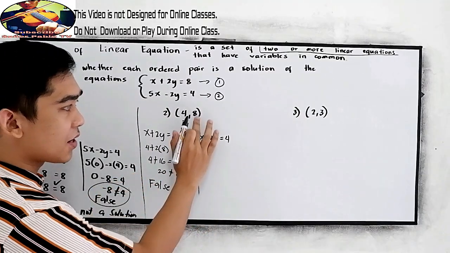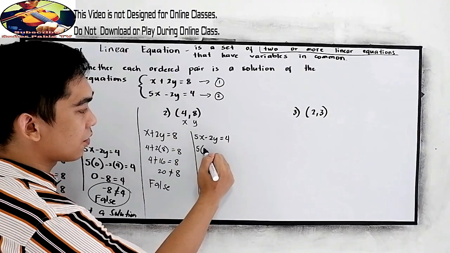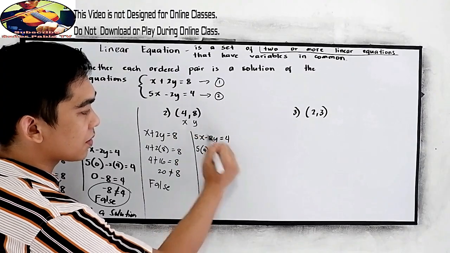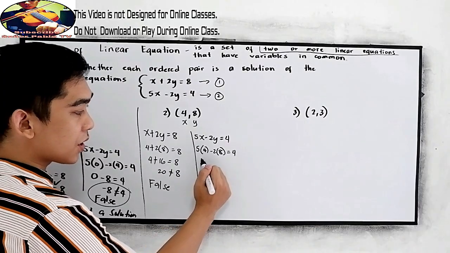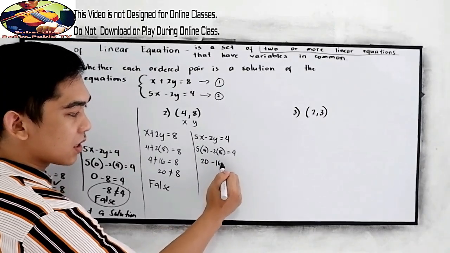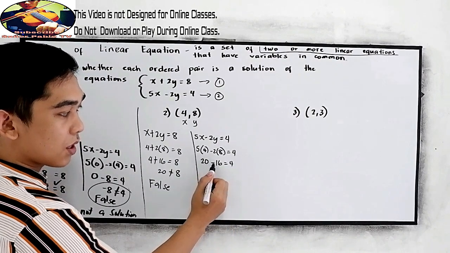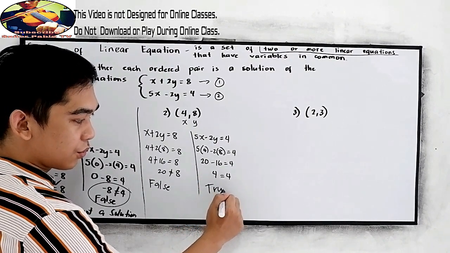Now let us check the other equation. So 5 times 4 minus 2 times 8 is equal to 4. 5 times 4, this is 20, minus 2 times 8, 16, is equal to 4. 20 minus 16, 4 is equal to 4. This is true.